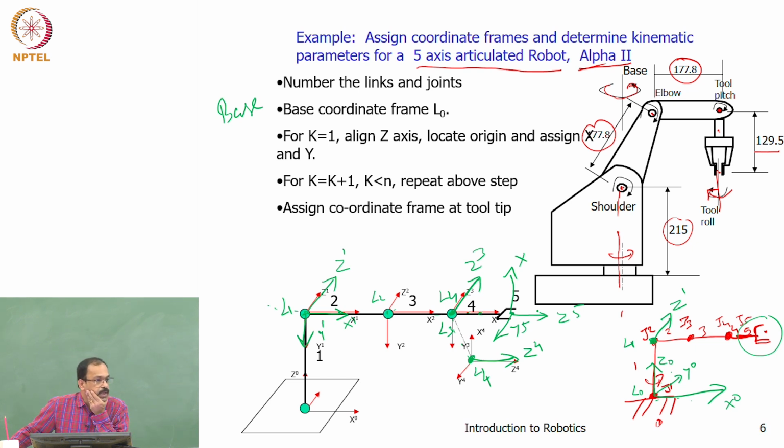L4 is for the roll joint, the roll of the tool. Because there is a motor here which provides you the roll motion, and that is basically L4. Because this is the pitch motion, then there is a roll motion which we need to find out. So that is provided here.